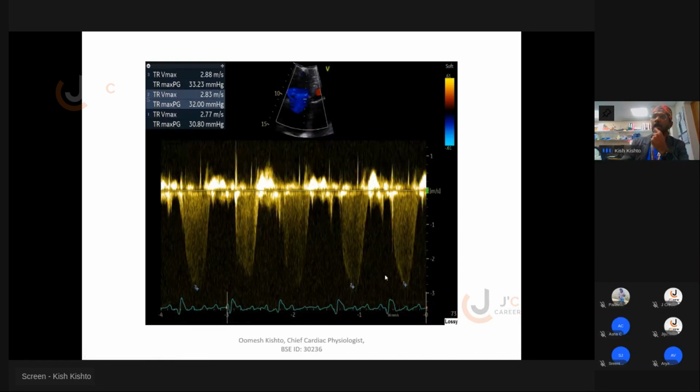Okay, and as you can see the P wave going there, and then you have the QRS and your P wave there. But again, you will see I've measured at least 3 to give me an average. So yeah.